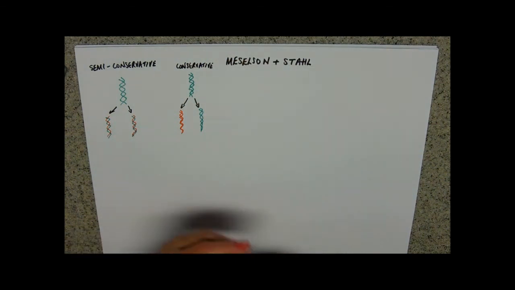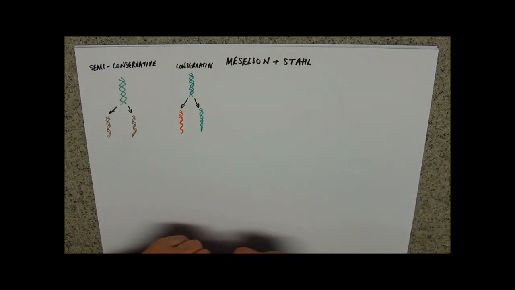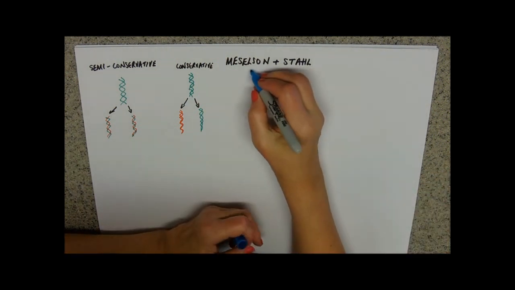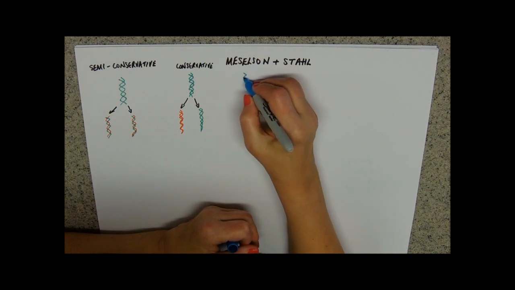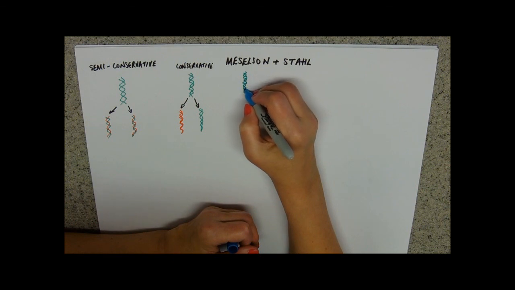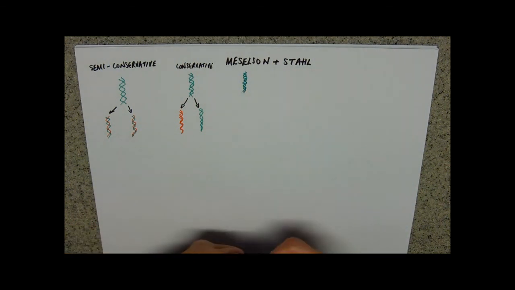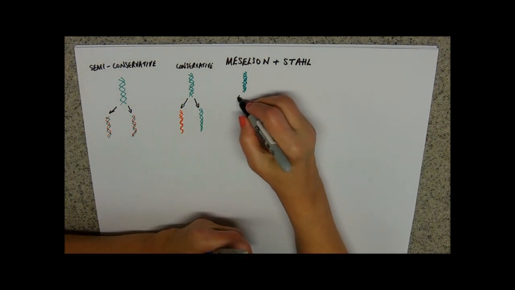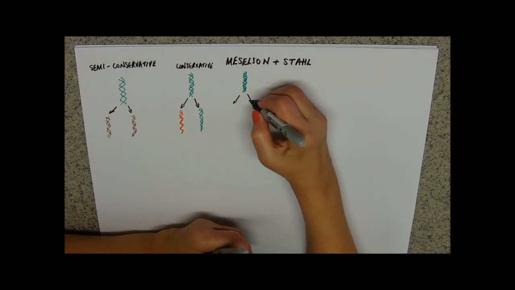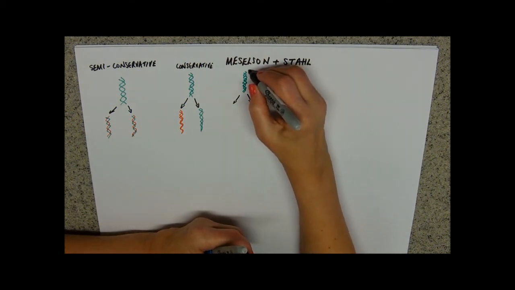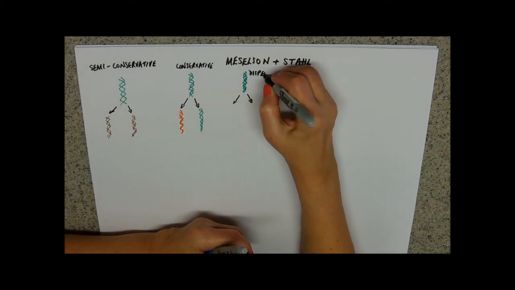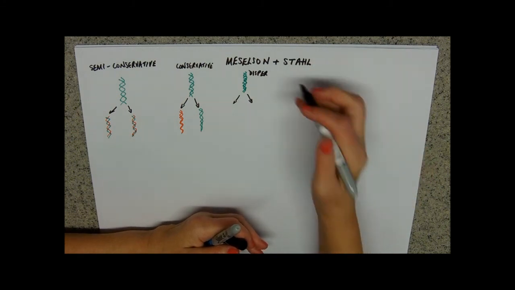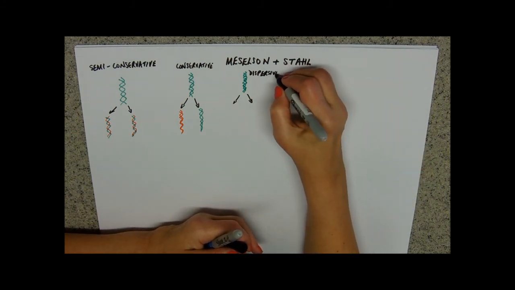And then they thought, well, what if it doesn't happen like that at all? What if somehow, and there's plenty of evidence of this going on in nature, butterflies do this, they break themselves up into lots of little bits in the chrysalis, and then reassemble themselves. So they call this model dispersive, so breaking up into little bits and then reassembling some old and some new nucleotides.